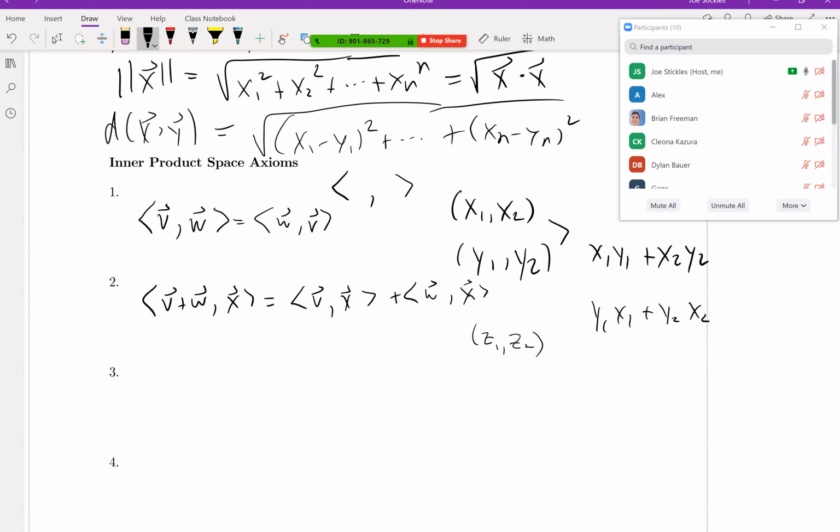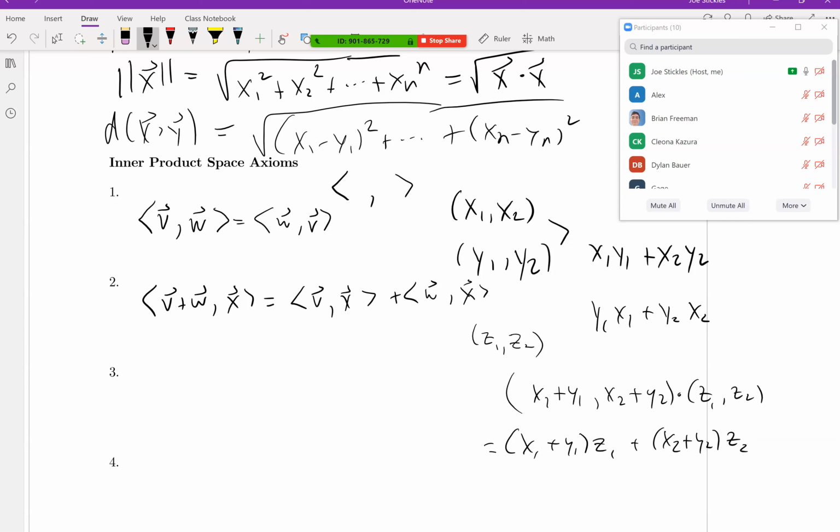If I did x1 plus y1, comma, x2 plus y2, and took the dot product of that with z1, z2, certainly we do our dot product as x1 plus y1 times z1, and x2 plus y2 times z2.